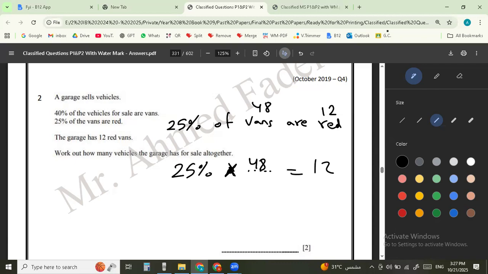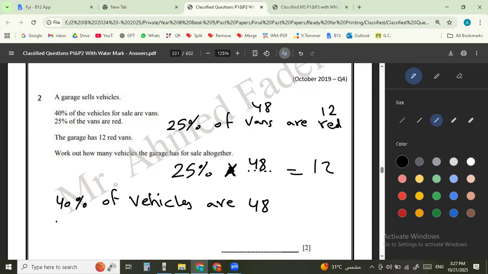Okay, so 40% of the vehicles are vans. We found out that we have 48 vans. Exactly. So what is the total number of vehicles? This is the question.